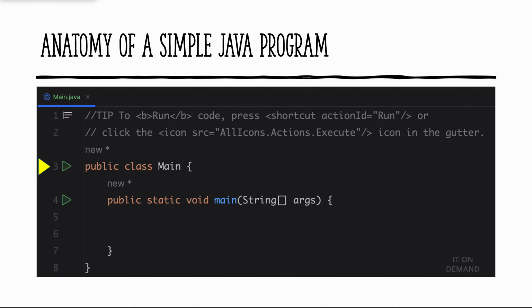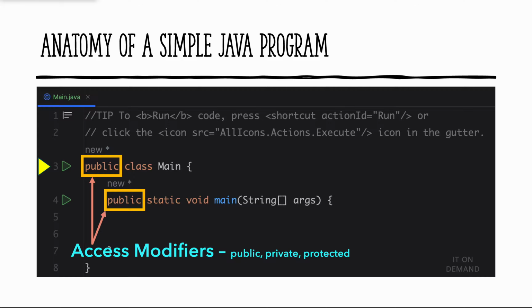Let's now focus on this other line that says public class Main, and we have the curly bracket there. As you see, we have public. These are known as access modifiers. They can be private, they can be public, they can be protected. And what they really do is tell us how we want to access whatever that is.